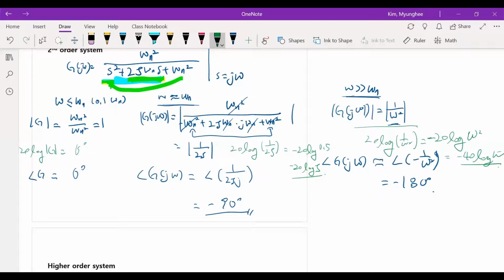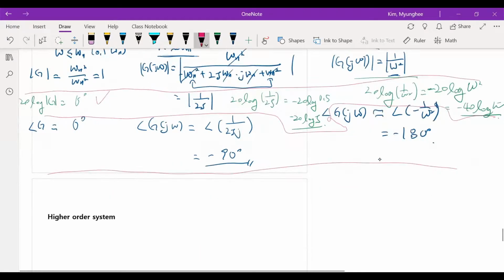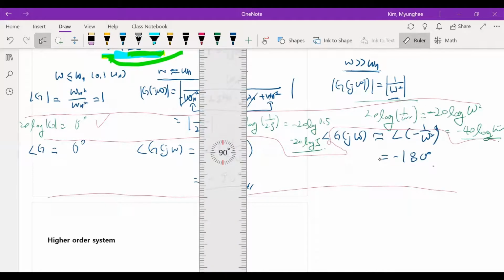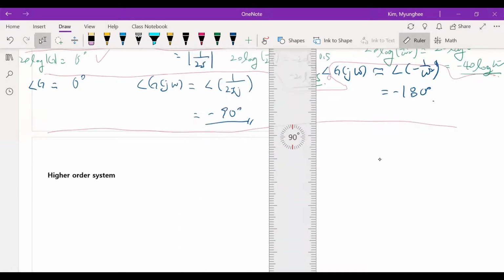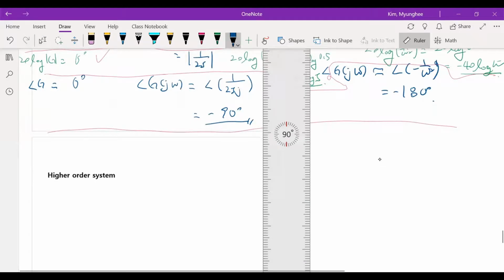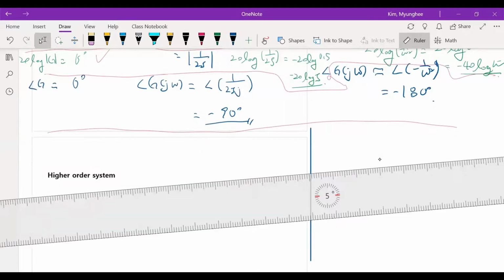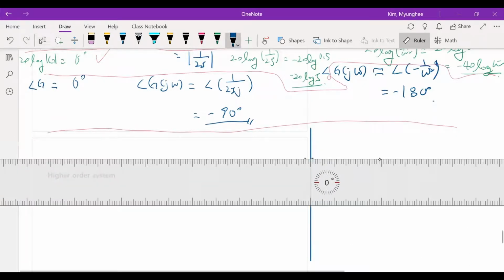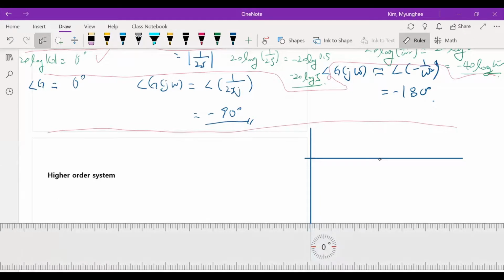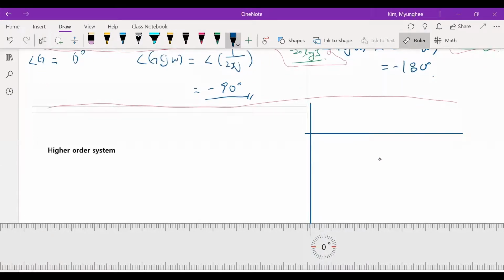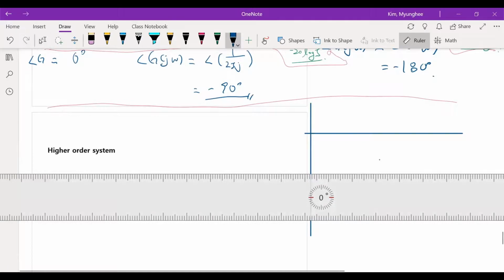So we have now log magnitude plot, log magnitude, and then angle. So we are ready to draw the Bode plot, which is log magnitude and phase.